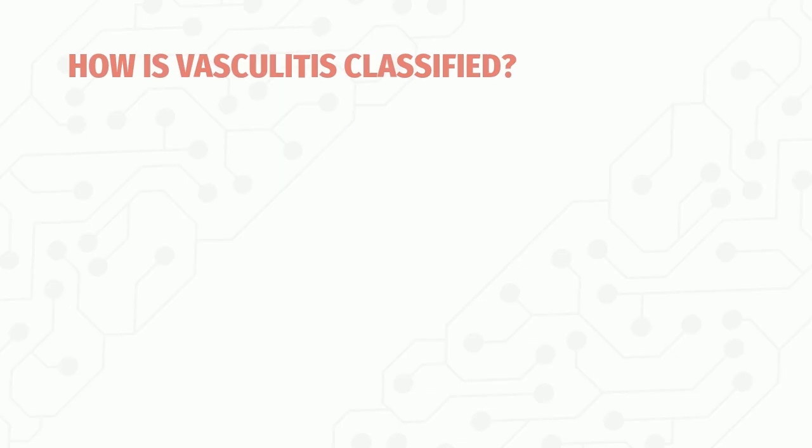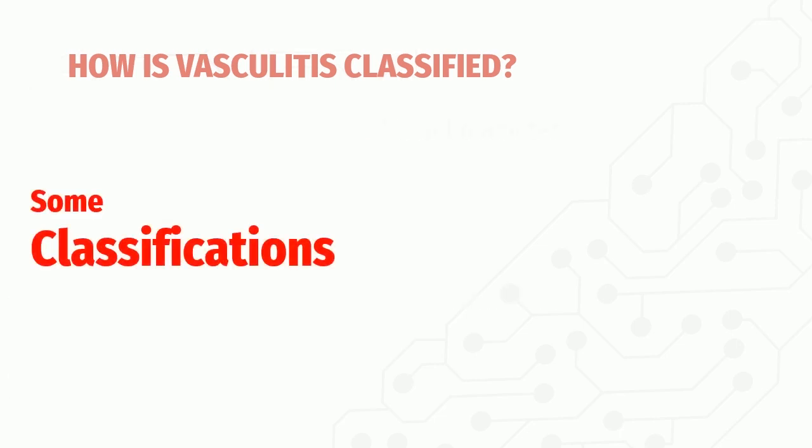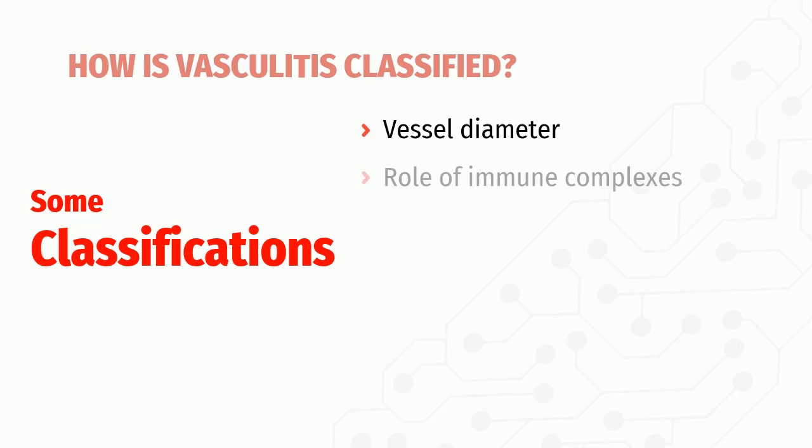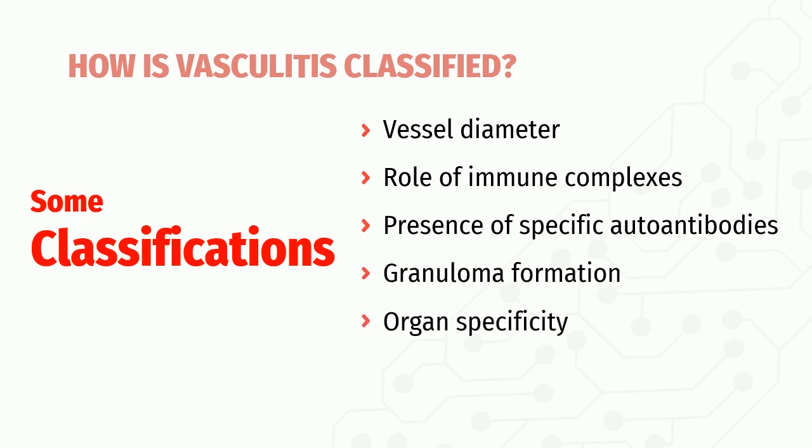How is vasculitis classified? Well, ladies and gentlemen, there are 20 primary forms of vasculitis, and there are many classification attempts to group them. Some classifications are according to vessel diameter, role of immune complexes, presence of specific autoantibodies, granuloma formation, organ specificity, and even population demographics.